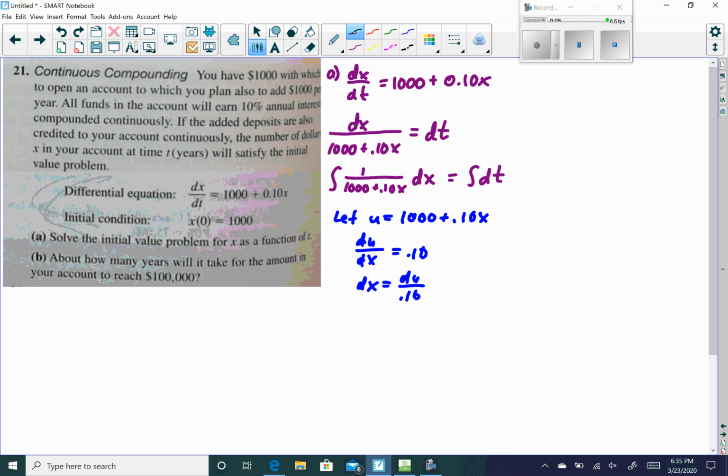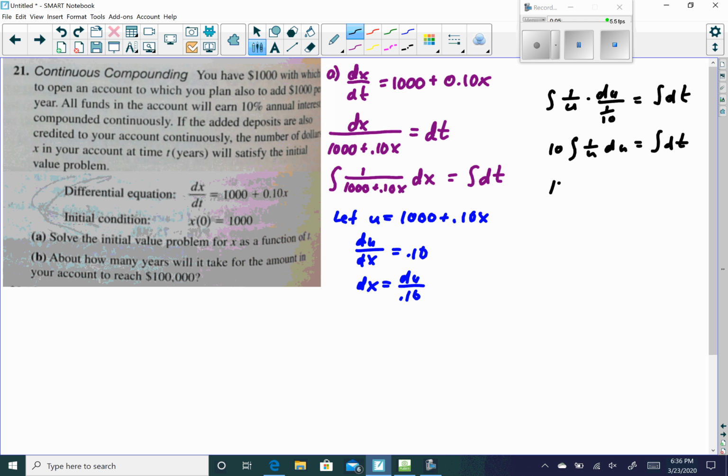So continuing this over here, now we're going to end up with the integral of 1 over u times du over 1/10 equals the integral of dt. So here I'm actually going to get 10 times the integral of 1 over u du equals the integral of dt.